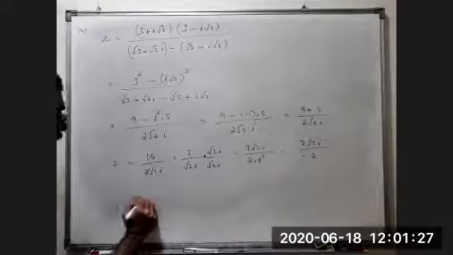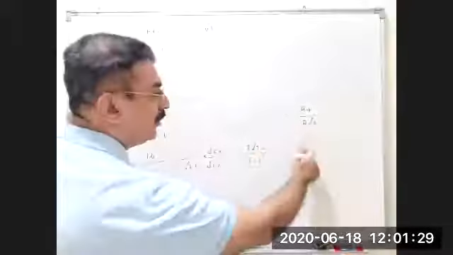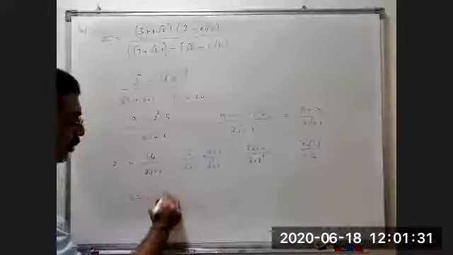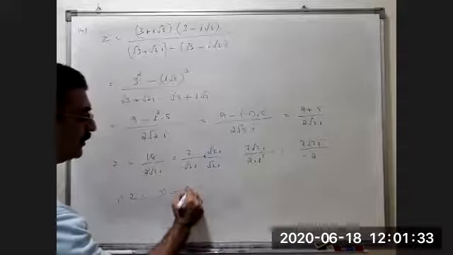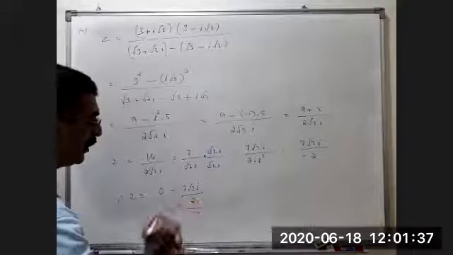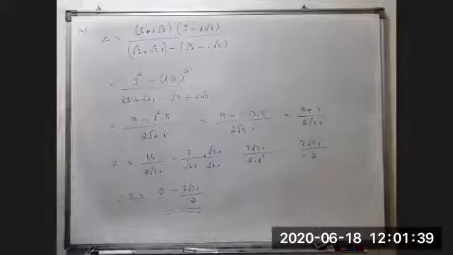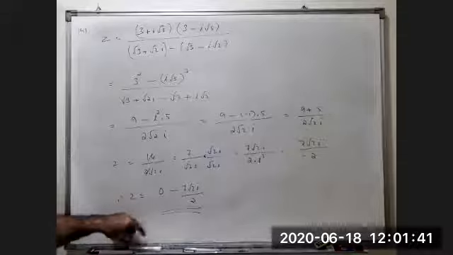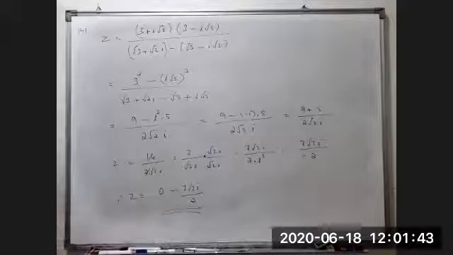Therefore, this is the imaginary part with i. So we can write 0 minus 7 root 2i by 2. That's it. Real part and imaginary part. 0 minus 7 root 2i by 2.